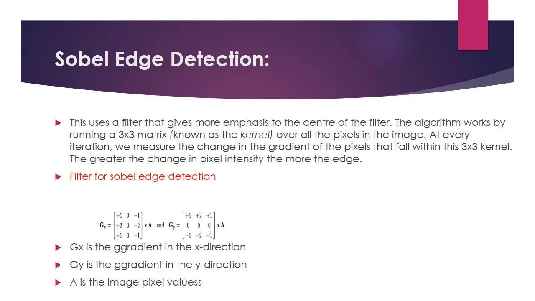So it also uses two filters: the gradient in the X direction, the vertical, and the GY, the gradient in the Y direction. Each gradient is multiplied with an image pixel. An image in a computer is stored as numbers, or pixels.